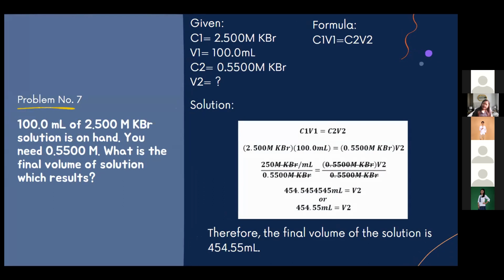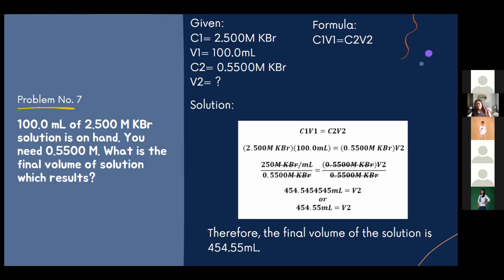So the problem number 7 is 100.0 ml of 2.500 molar KBr solution is on hand. You need 0.5500 molar. So what is the final volume of solution which results? So our given here is C1 equals 2.500 molar KBr. Our volume 1 equals 100.0 ml.